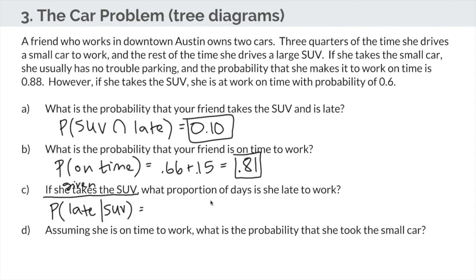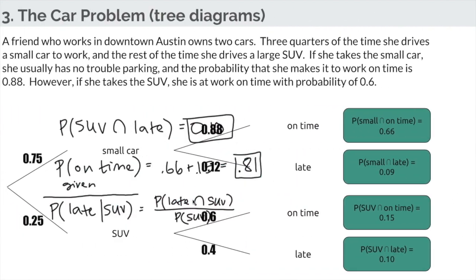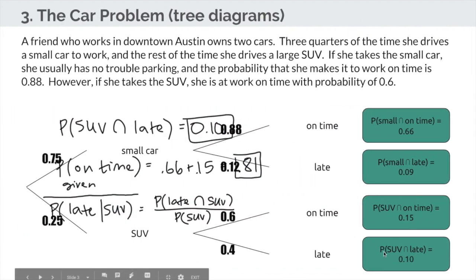And we do have a formula. If we wanted to, we could use our formula, probability of late and SUV divided by probability that she took the SUV. If I use that formula and fill in those numbers, the top part is one of our "and" probabilities that we've already calculated, right here. And then the bottom part was told to us in the original problem. The overall probability of taking the SUV was 0.25.